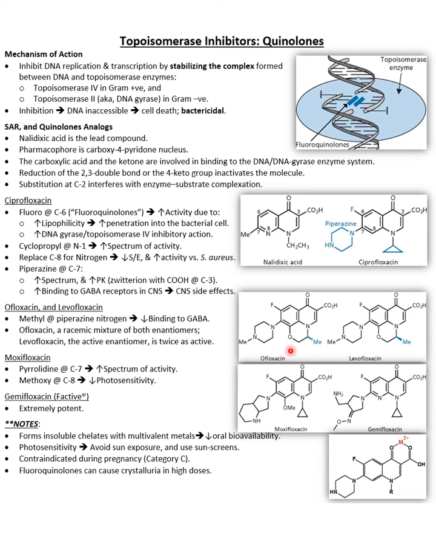And by the way, the ofloxacin has a chiral center here, so it's actually present in both levo and dextro forms. Now the levo is the active one, the dextro is inactive, and as you have seen, whenever we have a case like that, we always end up producing a new product that contains only the levo, only the active form.